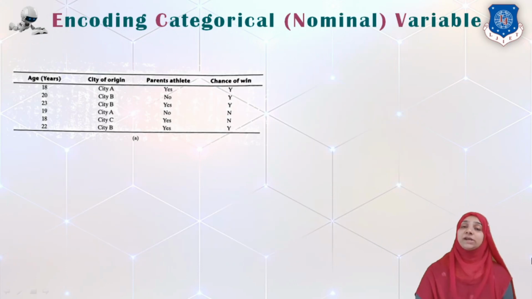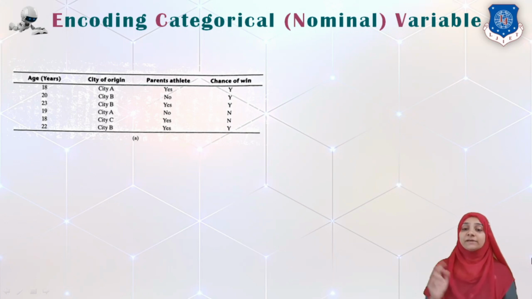Now let us look into the detail of how we work with feature construction. First we will see encoding a categorical, that is nominal, variable. Remember, nominal data is a textual kind of data, or data which has string values, and we do not have any relationship among any two values.